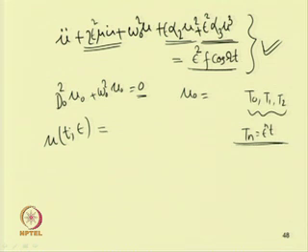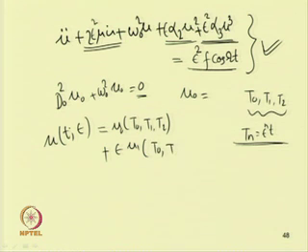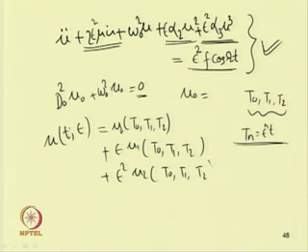So, we can write u(t, epsilon) equal to u0(t0, t1, t2), plus epsilon u1, which is a function of t0, t1, t2, plus epsilon square u2(t0, t1, t2).